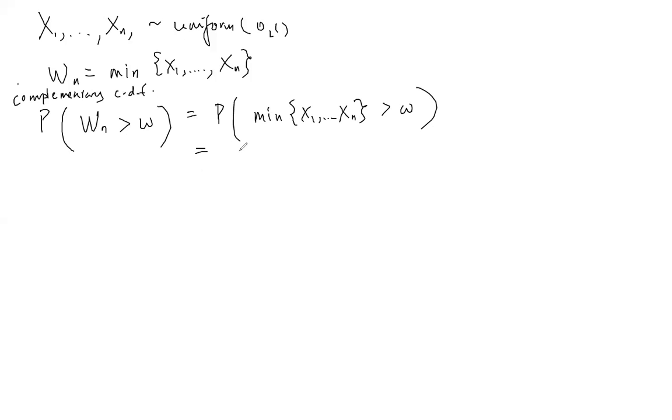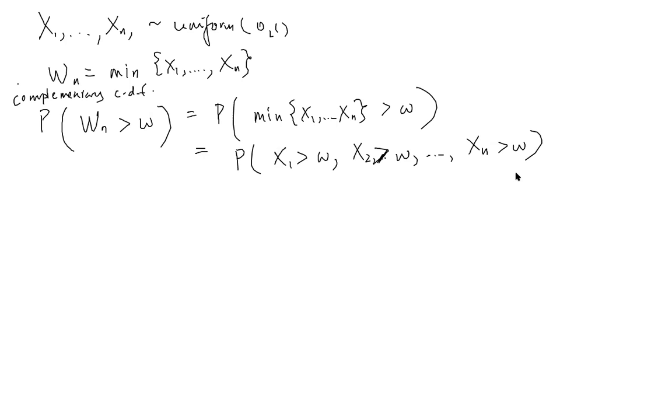The reason is so that you can write the equivalent statement like this. Right? Now, look at this carefully. When you say the minimum among them is at least W, it means that all of them are at least W, okay?